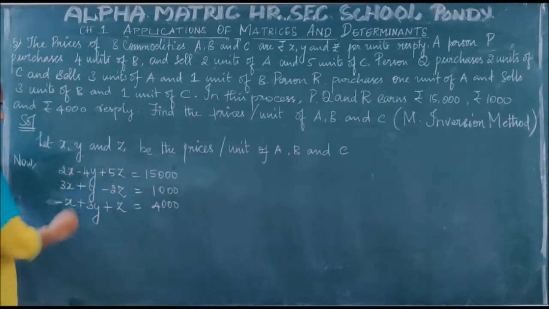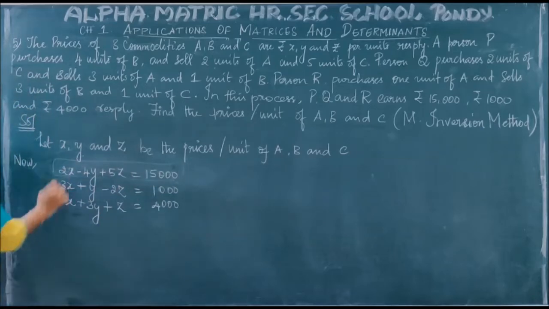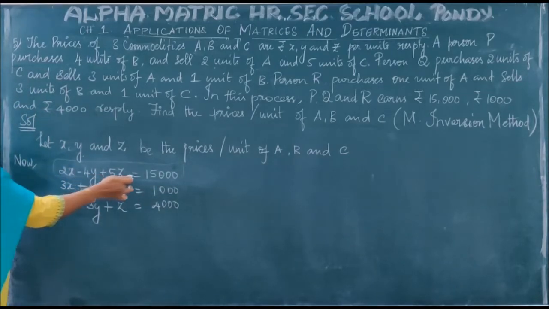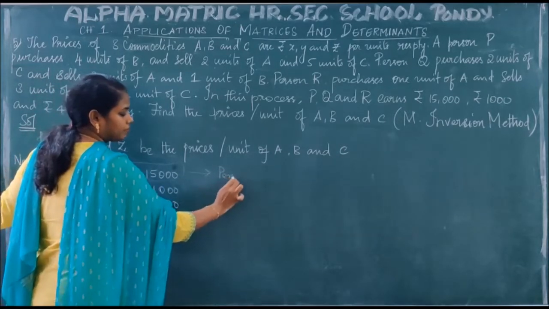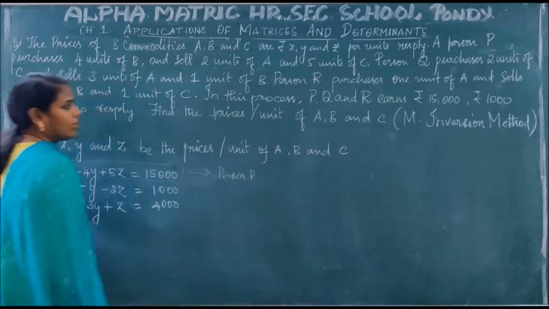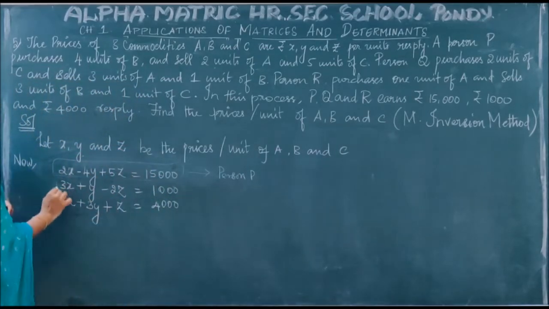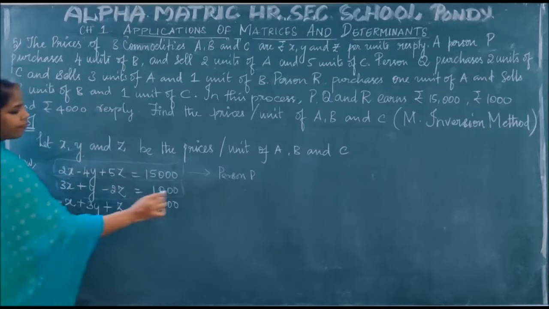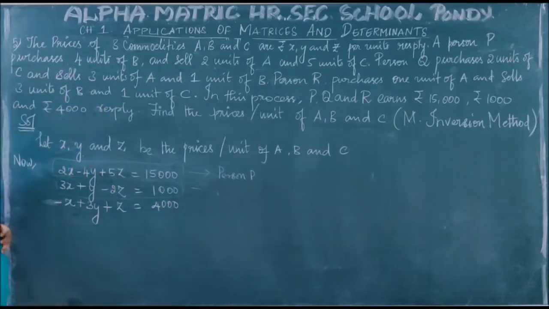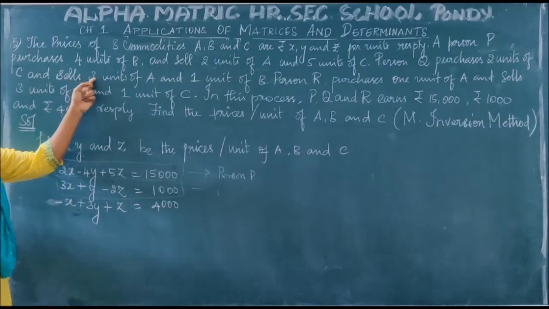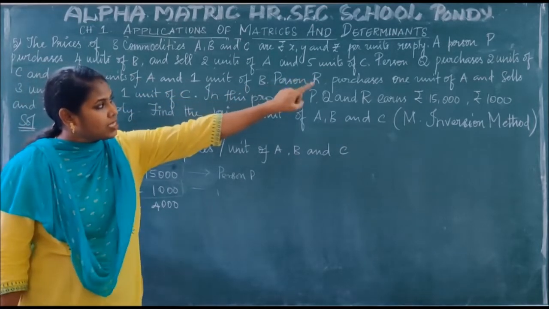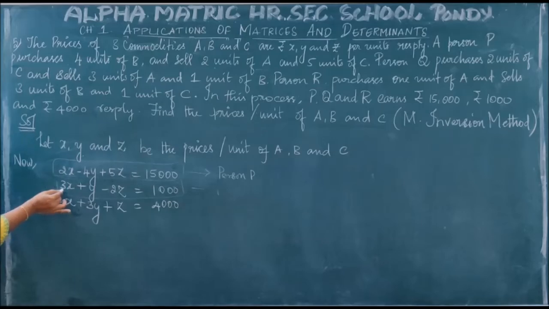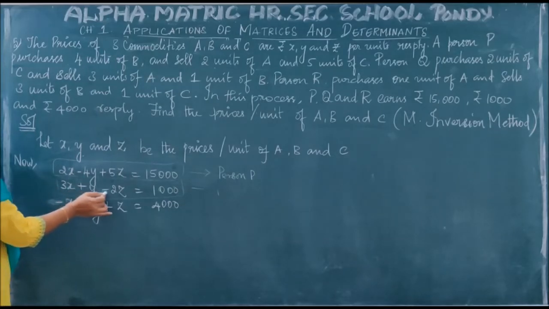So here we are making equations using the given details. 2x minus 4y plus 5z equal to 15,000 is the equation framed for person P. The second equation represents person Q and the third equation represents person R. Here he sells 3 units of A and 1 unit of B and purchases 2 units of C, so the equation becomes 3x plus y minus 2z.